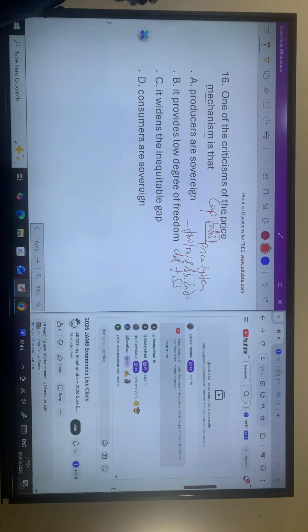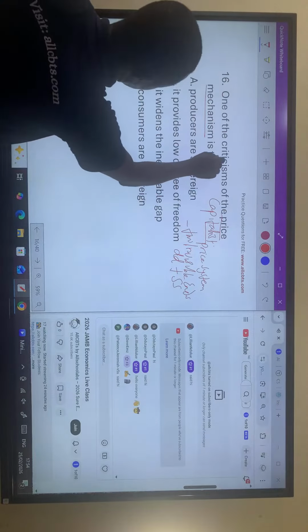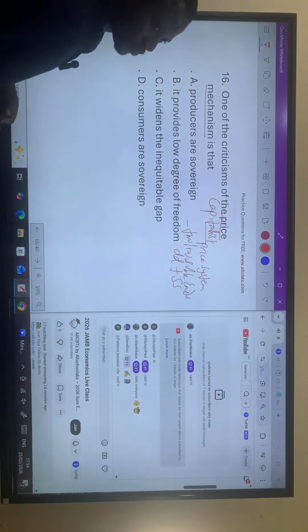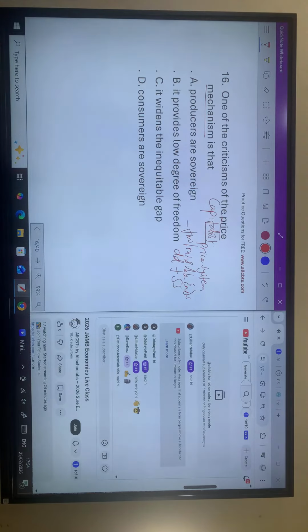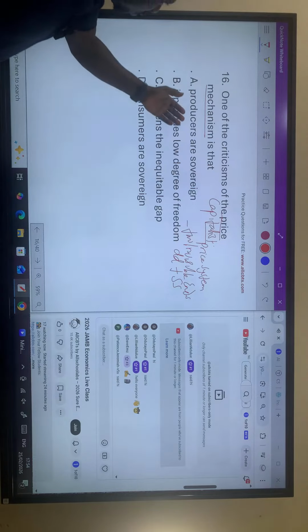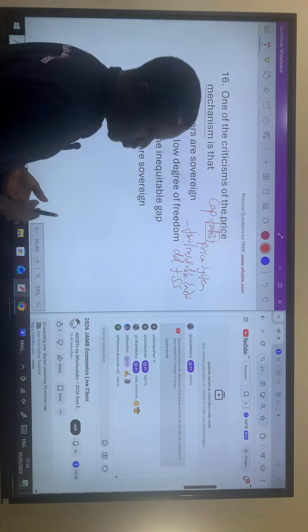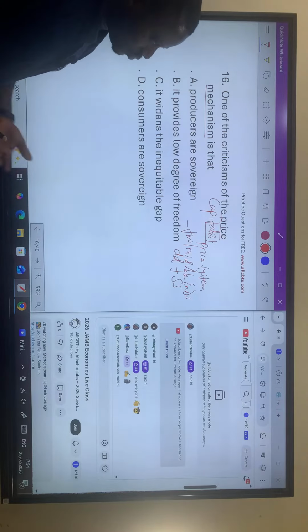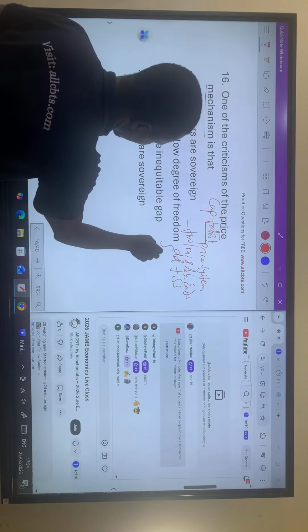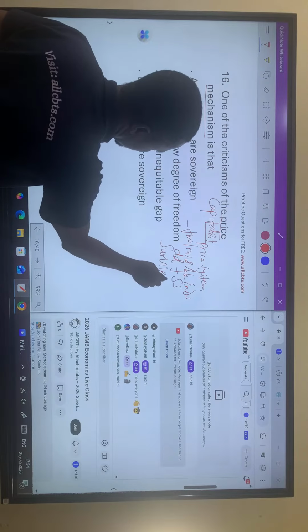That's freedom. Okay? So a criticism means an objection to this system. Producers are sovereign. It provides no degree of freedom. It widens the inequitable gap. Consumers are suffering. It widens the inequitable gap because different prices will now operate in different markets. It will now lead to what? The survival of the fittest.